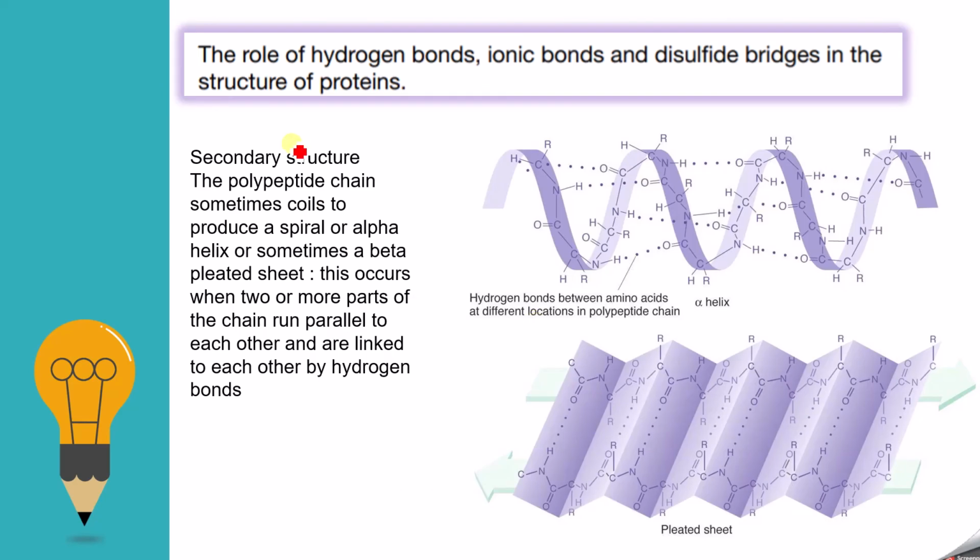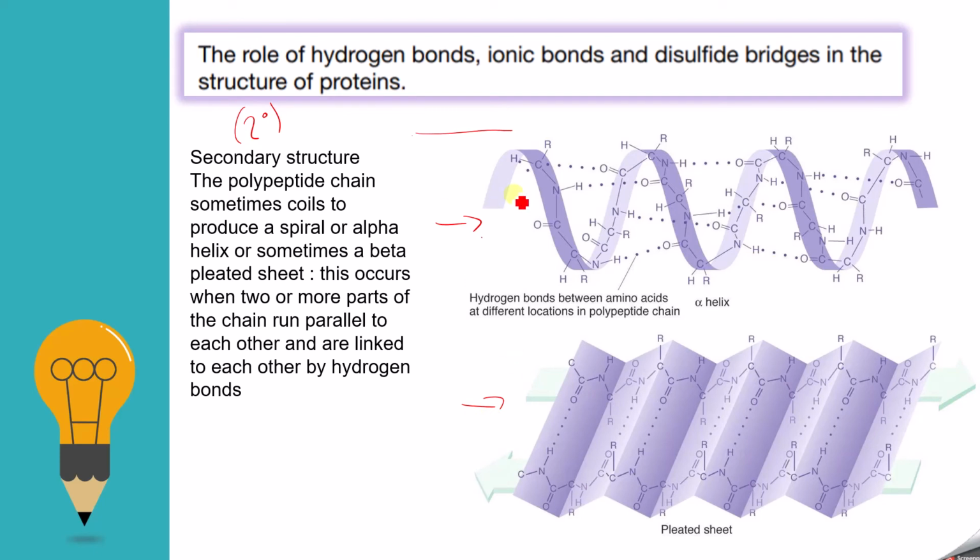Okay, so now let's look at the secondary structure. Now we're going to involve these types of bonds. The polypeptide chain sometimes coils. So we get our normal primary sequence chain, and suddenly it decides to coil, and it produces either a spiral, so here, or a pleated type sheet.